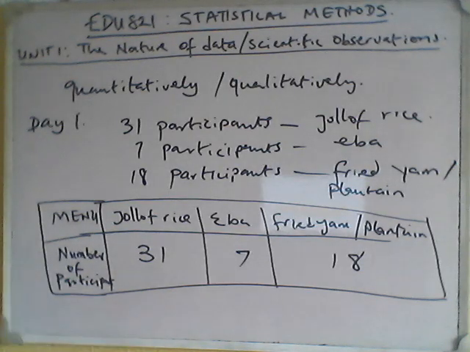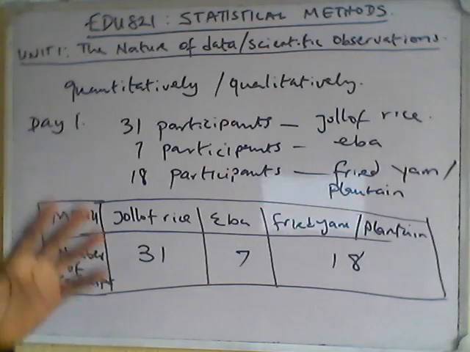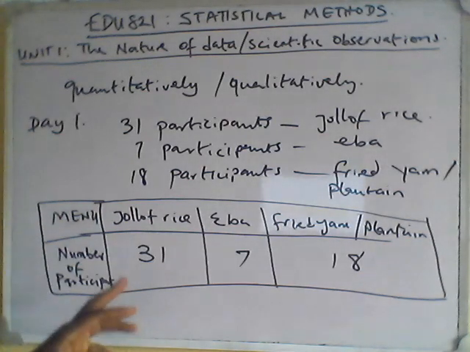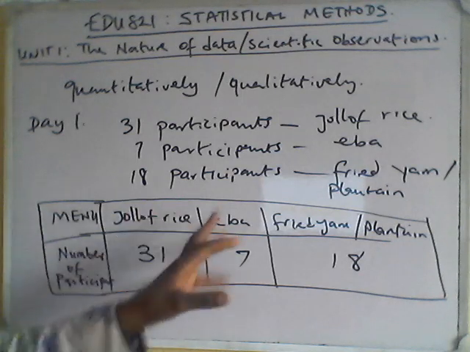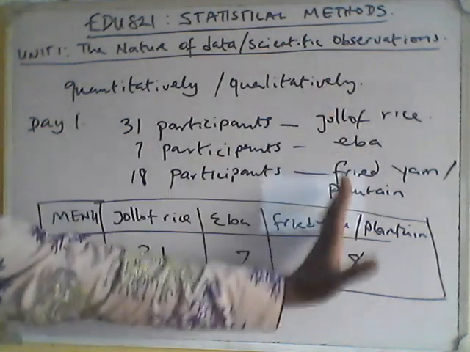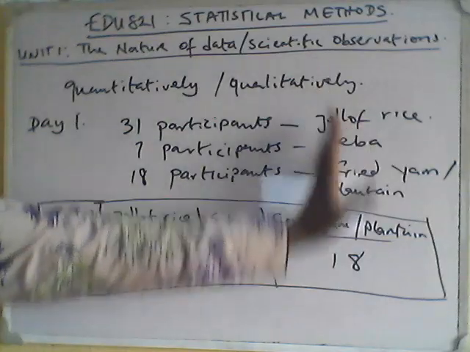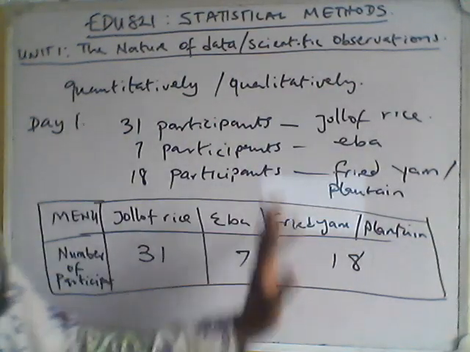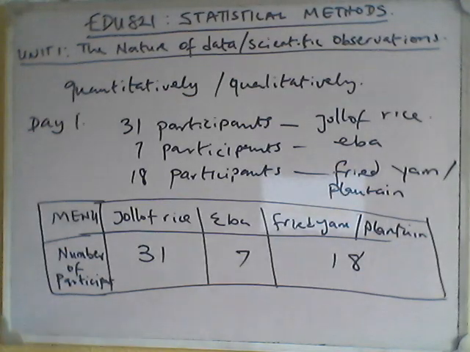Note that for brevity, we can change it to A, B, or C, and we'll define what each means: A is for jollof rice, B is for eba, and C is for the rest. So we can do that. This is for day one. Now this table is not complete because it's not telling us the days involved.